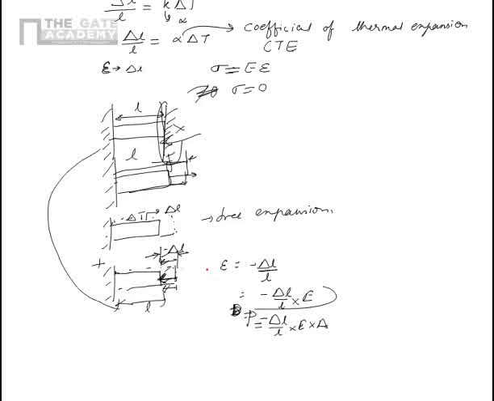Now, apparently these defy the common logic that if there's a strain, then there should be a stress, or vice versa. But we have to always remember the fundamentals of stress. The stress comes only when there is a resistance built internally in the structure. If there is no applied load, no resistance built, then there is no stress, even though there may be strain.